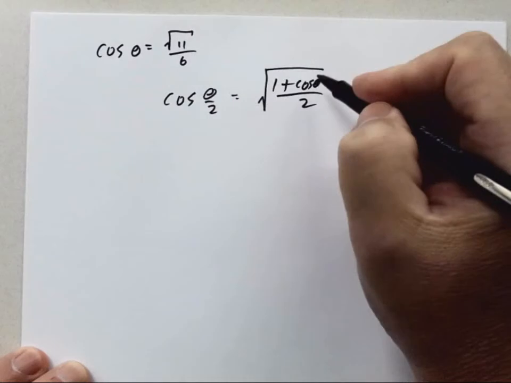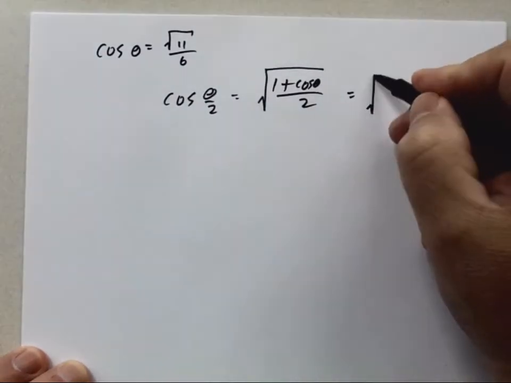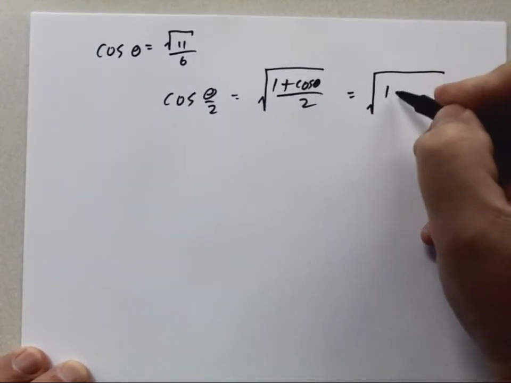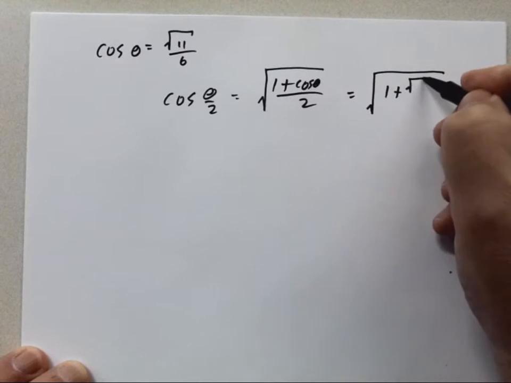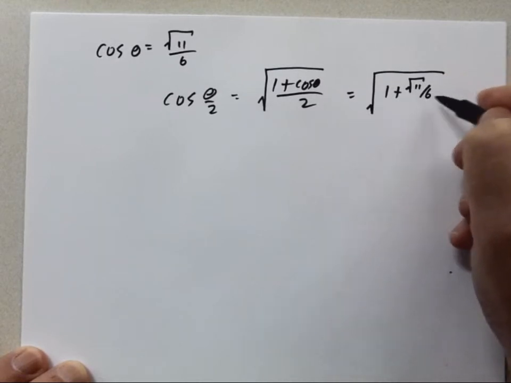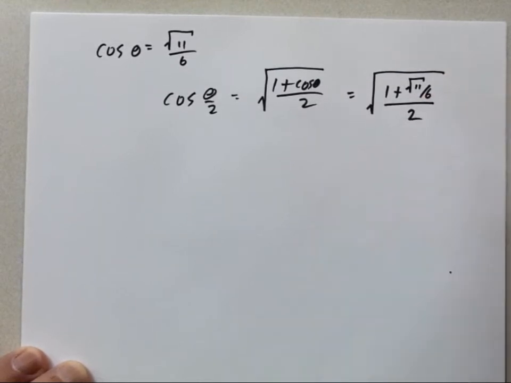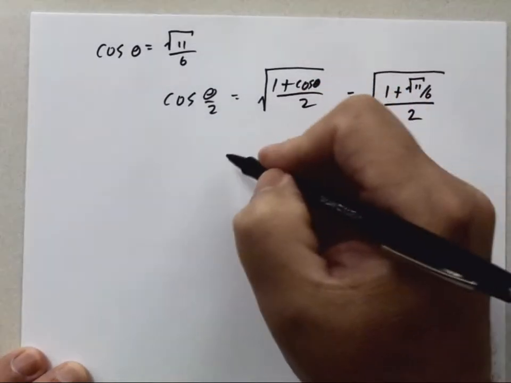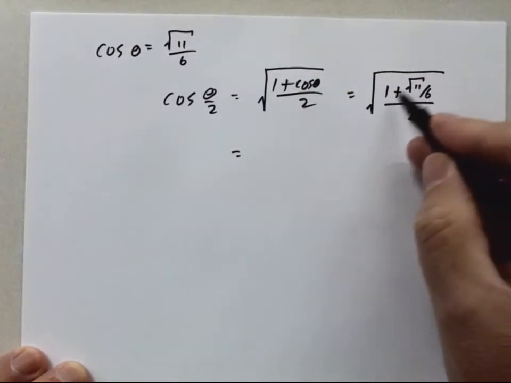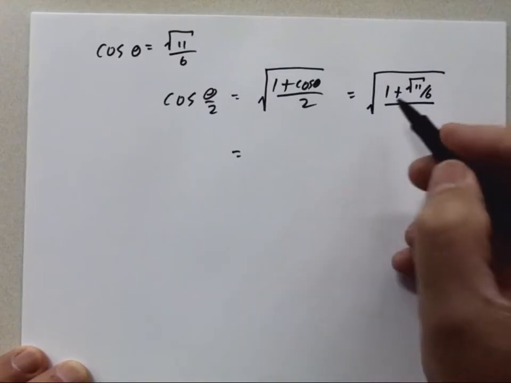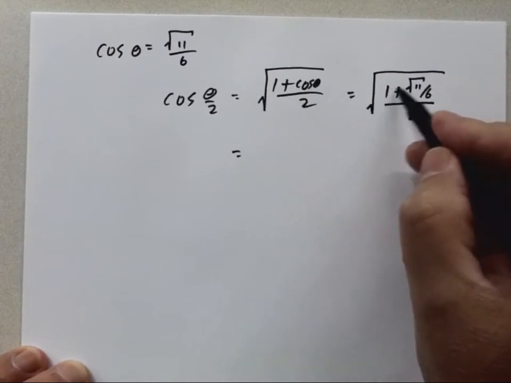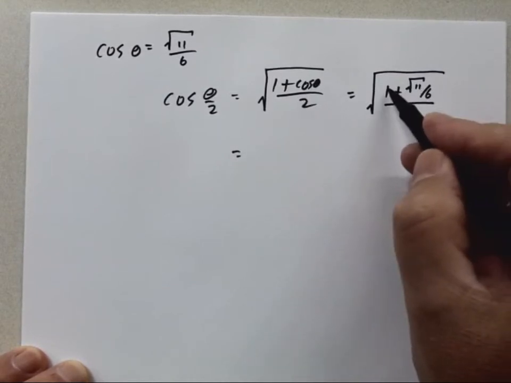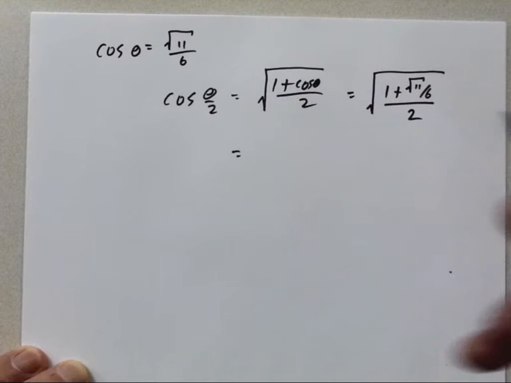So I'm going to plug this in for cosine of theta. 1 plus square root of 11 over 6. Now I'm going to do some shortcuts here. It's the same kind of problem we just did. I want to combine these into one fraction. So I'm going to make the 1 a 6 over 6.